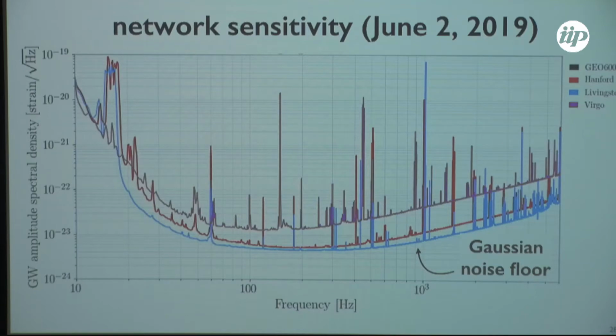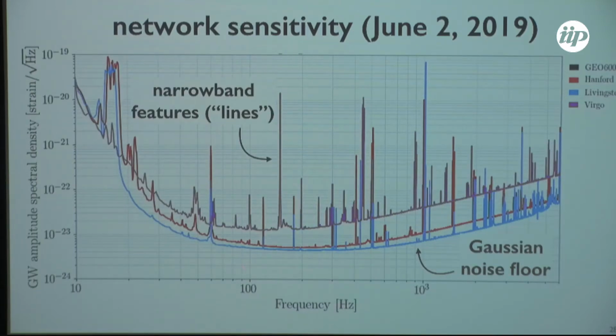Then you have these coherent lines that again come from things like the modes from the threads from which the mirrors are hanging, the 60 Hertz line, and this one that I don't remember what it is. There are other sources of technical noise that are elevated at lower frequencies that people don't know exactly where they come from, and so there are scientists working on these instruments.